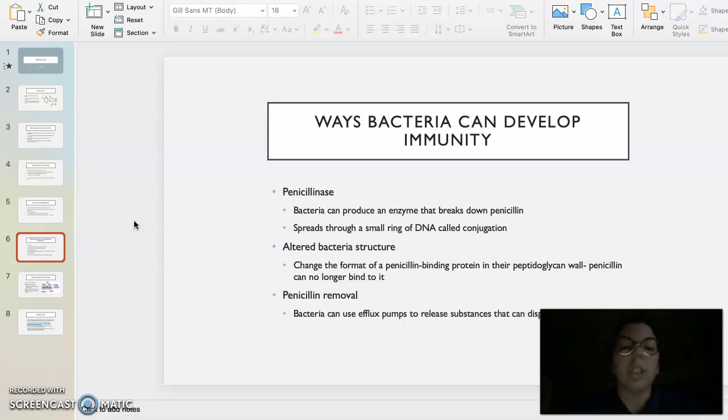Altered bacteria structure: changes that a penicillin protein undergo in their peptidoglycan wall can create immunity within the bacteria. So penicillin can no longer bind to the peptidoglycan wall because something happened with the structure. Penicillin removal is where bacteria can use efflux pumps and release a substance that can dispose of penicillin.